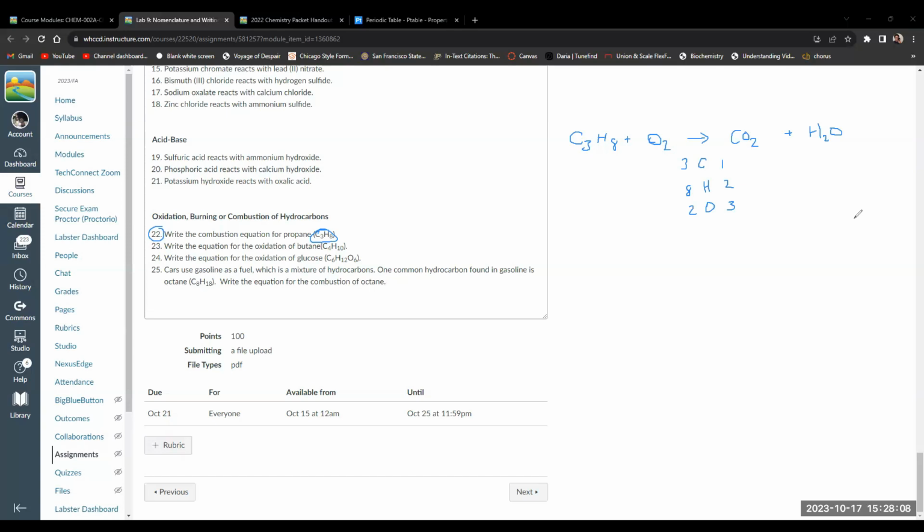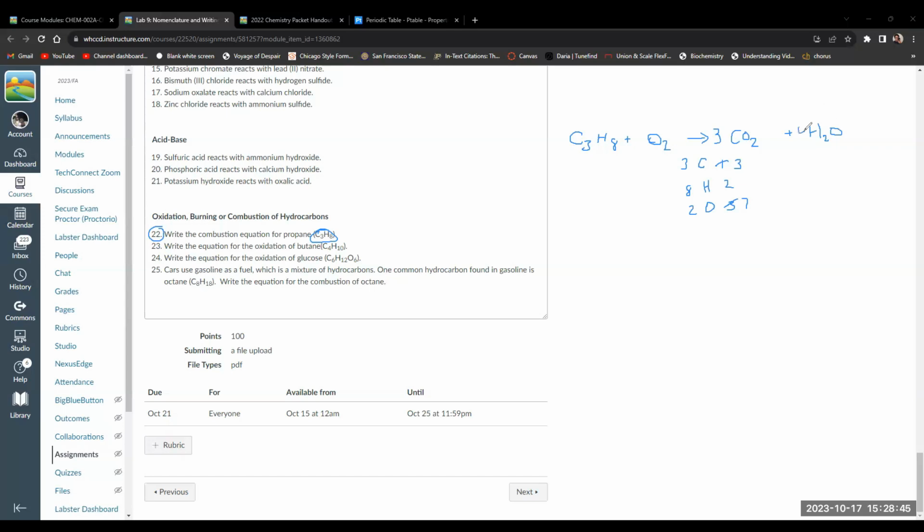I don't know. Me personally, I would start with a 3 here. That'll give us 3 carbons. The 3 gives us 6 plus the 1 here, which gives us 7. Hmm. How about that water?